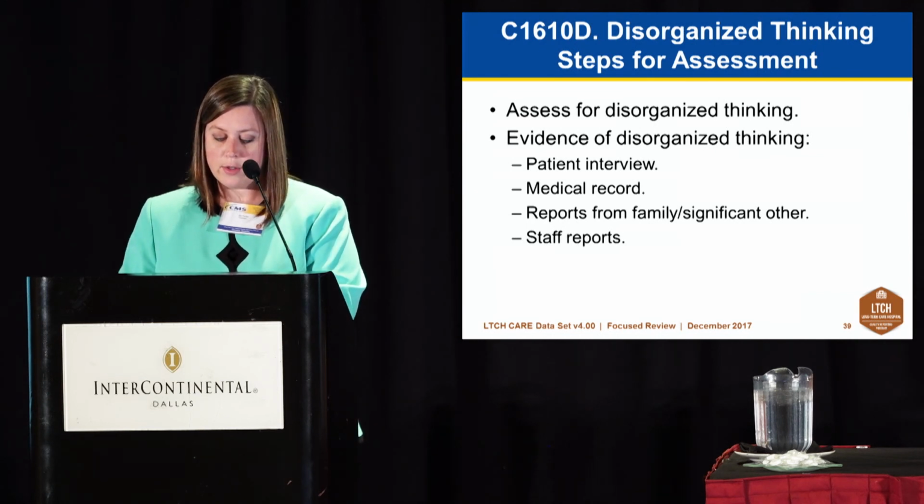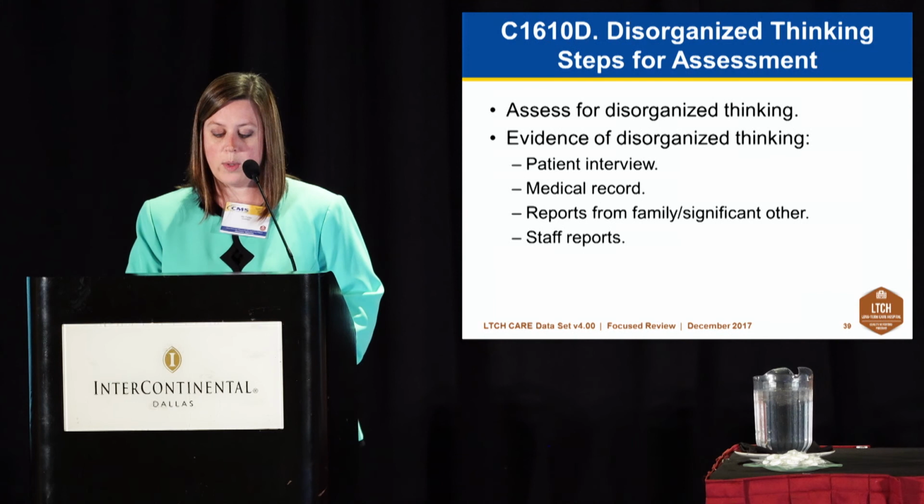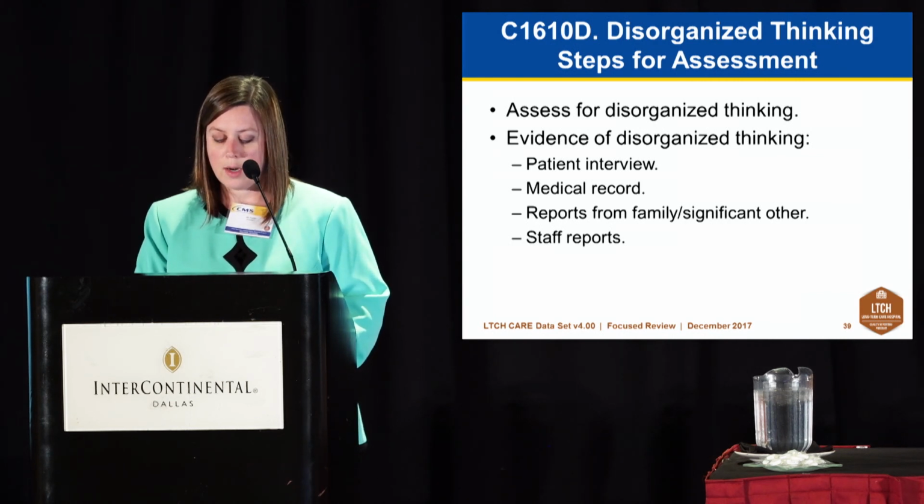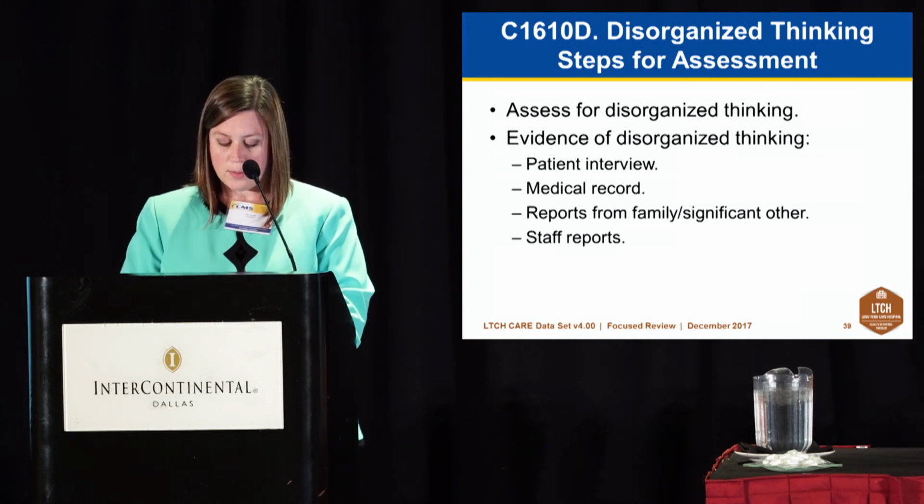And again, like the other sections, for C1610D, disorganized thinking, we use the same steps for assessment, utilizing patient interview, medical record, reports from family and significant others, and staff reports.